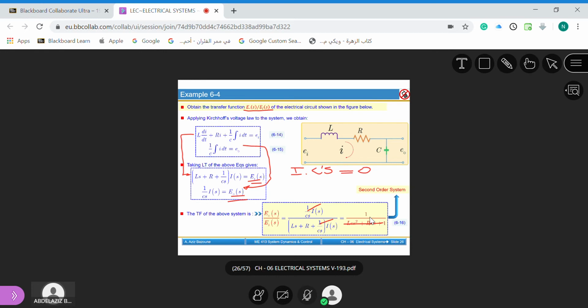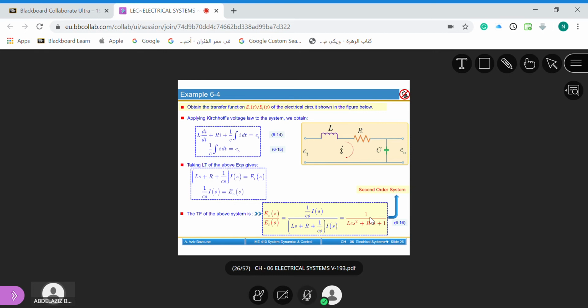And you see that it contains L, C, and R, which means your circuit includes 3 elements: an inductor, a capacitor, and a resistor. This should appear in your transfer function, specifically in the denominator, which is the characteristic polynomial. That's why it is called a characteristic polynomial, because it characterizes your system.